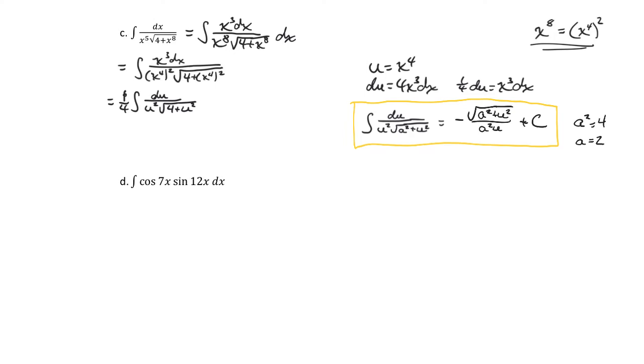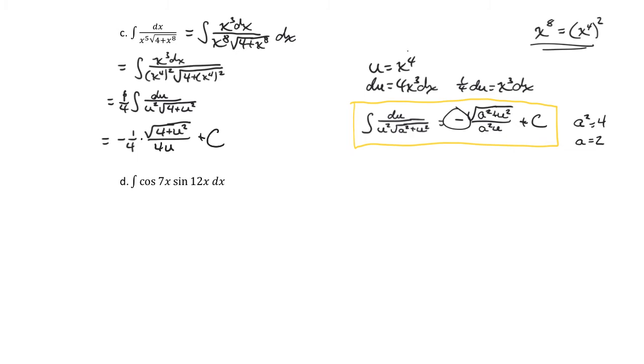According to the formula, we'll get a negative out front. So let's put that in front of the 1/4. There's only one term here, so I don't really need those parentheses. a squared plus u squared, in our case, is going to be 4 plus u squared. And then in the denominator, we've got a squared times u. a squared we said was 4, and then u, plus a constant. And now I make our substitution, and since I'm running out of room, I'm going to go ahead and substitute and simplify things a little bit.